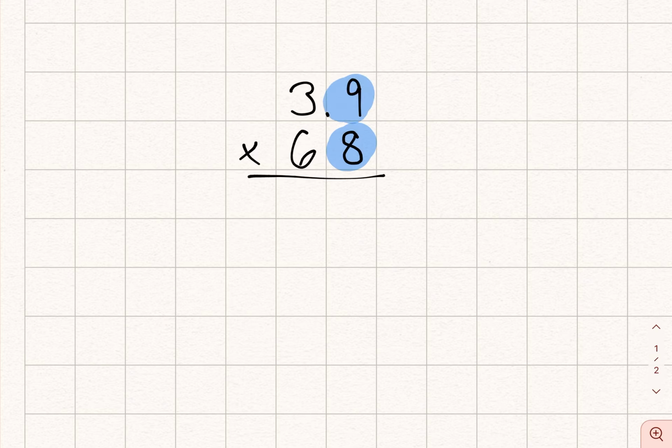That would be 72. 2, carry the 7. Now 8 times 3: 8, 16, 24, plus 7, that's 31.